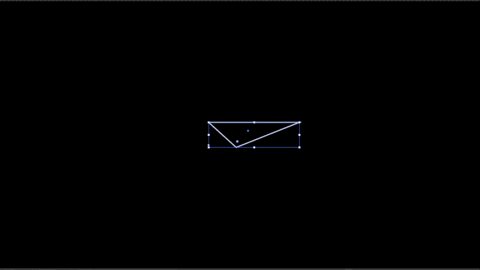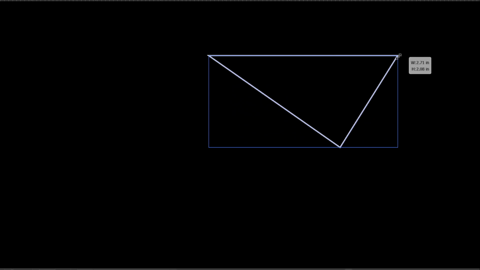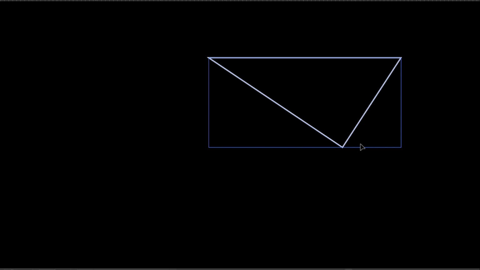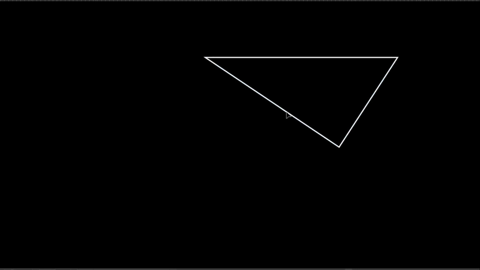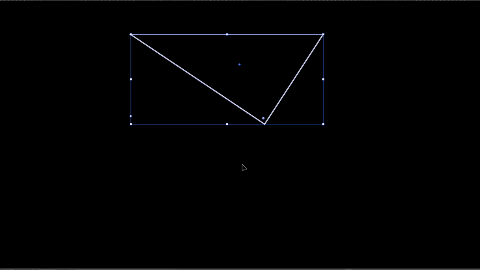Flip vertically. Yeah, that's what I want. Well, let's flip it again. Horizontally. Yeah, that kind of looks like the triangle that I have on my picture right here. It's not exactly like that, but that's good enough. Who cares? May not be to scale, but that's what we have.